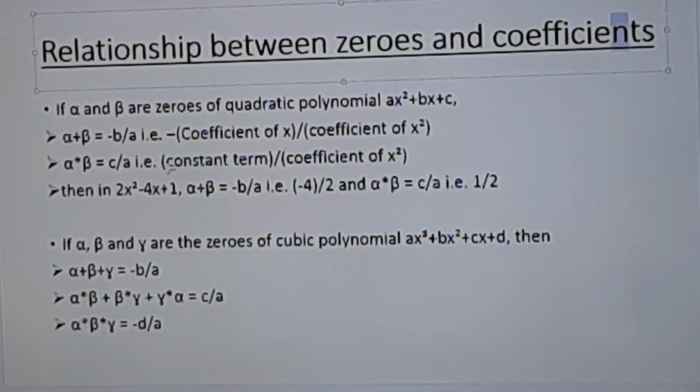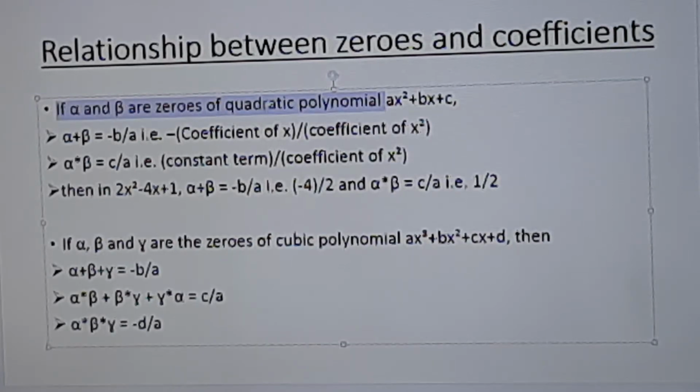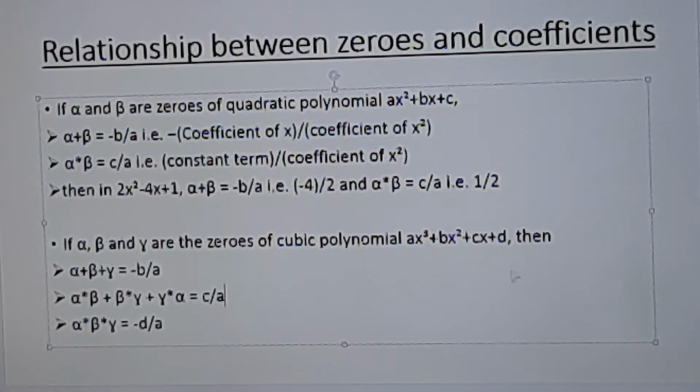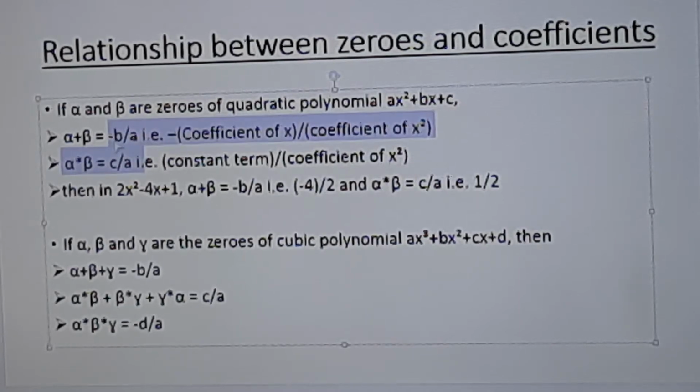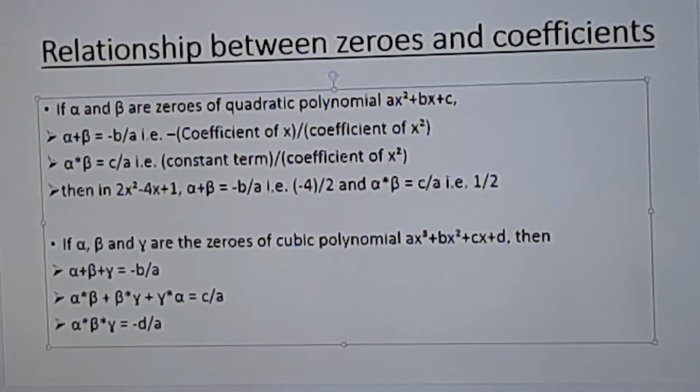If we take a quadratic equation ax square plus bx plus c, where a, b and c are some real numbers. So assume alpha and beta are the zeros of that polynomial. In that case, your sum of zeros, that is alpha plus beta, will be equals to minus b by a.